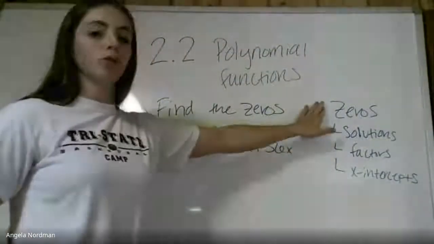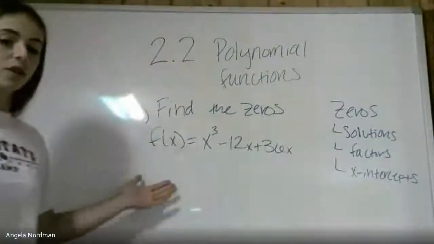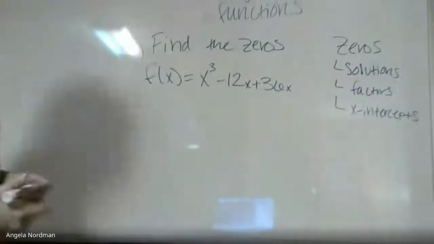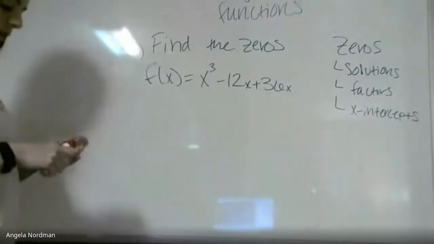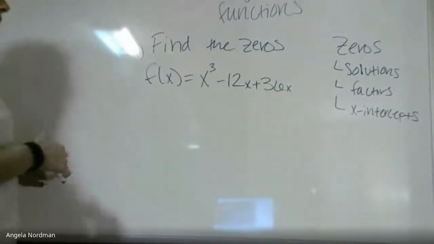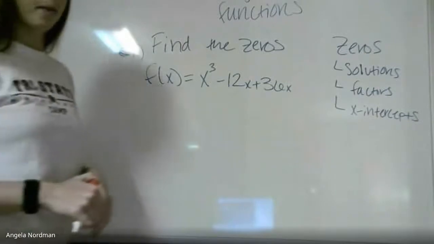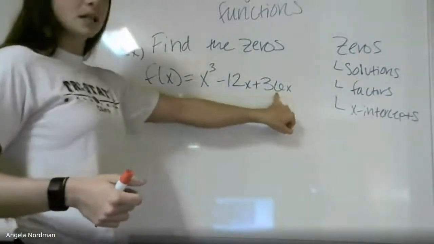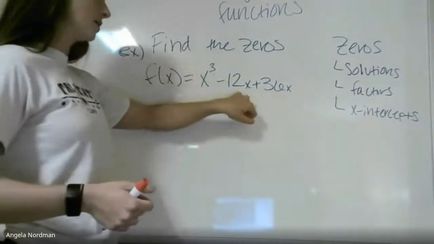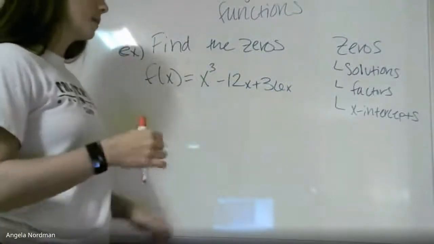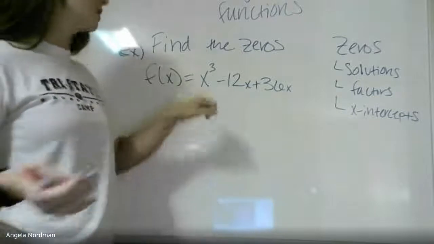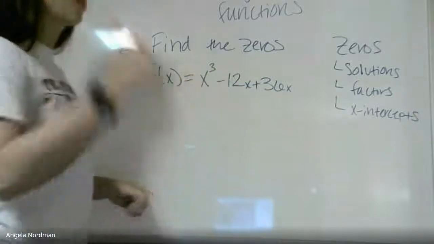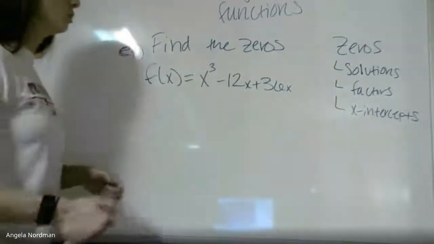Factors are the same thing as zeros, so I need to be able to factor this function in order to find its zeros. So let's think back into ways that we can factor. If I factor quadratics, I have that method where I find two things that multiply to be the end number and add to be the inside number, but that's for things that are squared. This is cubed. So then I keep thinking, okay, what do I have for cubed?